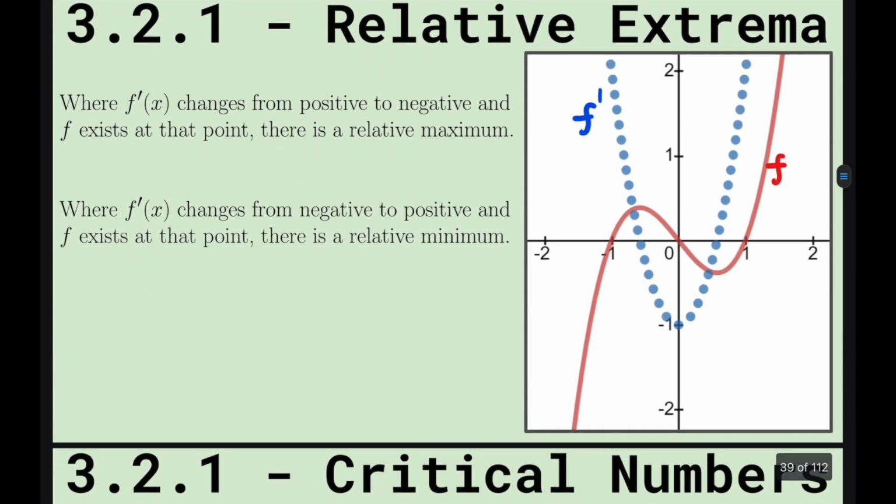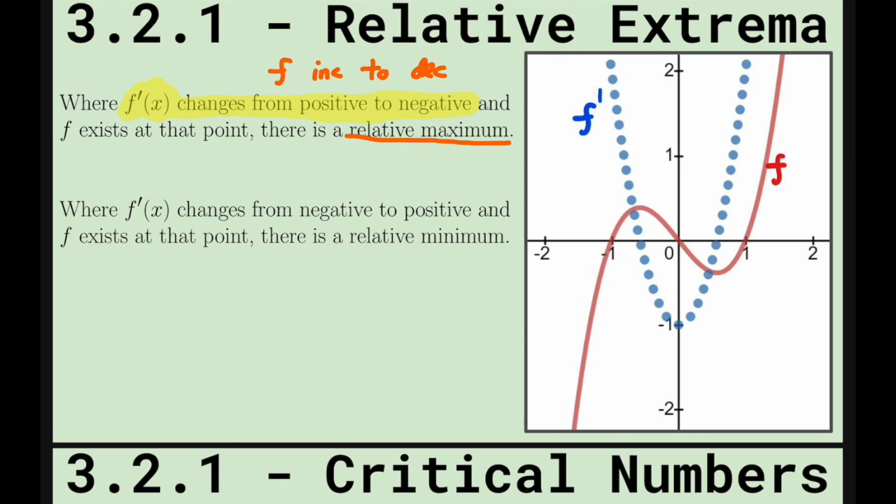Relative extrema. Wherever the derivative changes from positive to negative, and remember, the derivative going from positive to negative means that f went from increasing to decreasing, that's called a relative maximum.